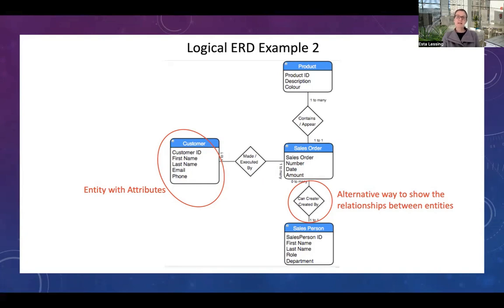And this can be especially useful for using it to work it out for yourself, but also to be able to communicate what are the relationships as we understand it in normal English language. So in this case, we've got the customer is making a sales order. So we're saying one customer can make one-to-many sales orders. And then we are saying each sales order can only be executed by one customer.